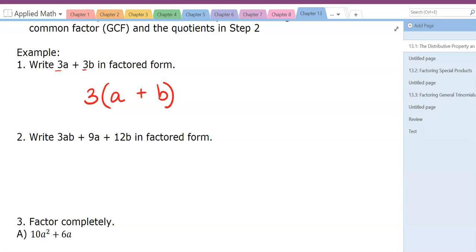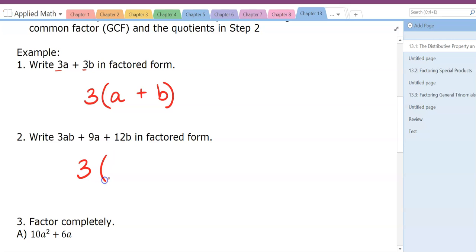What could you guys take out of the second one? 3. Do they share any letters? Like, do all 3 share any letters? No, the first 2 have a's, but 12 doesn't. And the first and the last have b's, but the middle one doesn't. So I can only, again, take a 3 out.